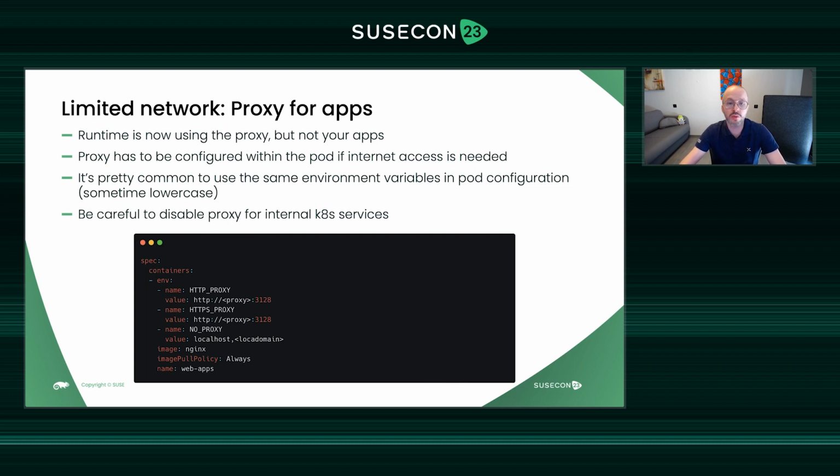You need to use the no_proxy value to disable proxy for the local domain, the localhost, or maybe the Kubernetes API server target. It will depend on your configuration. So you have understood you need to configure these environment variables for every app.